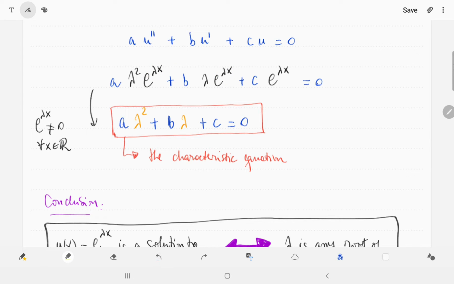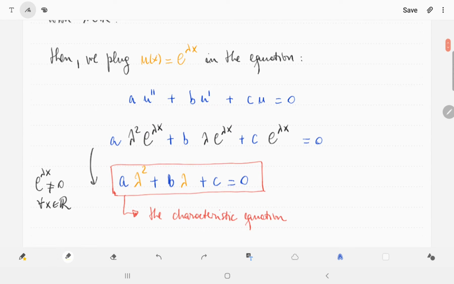So wait, not that fast. u is here. Then the derivative of u, by the chain rule, we have lambda here. So this is the derivative of u.